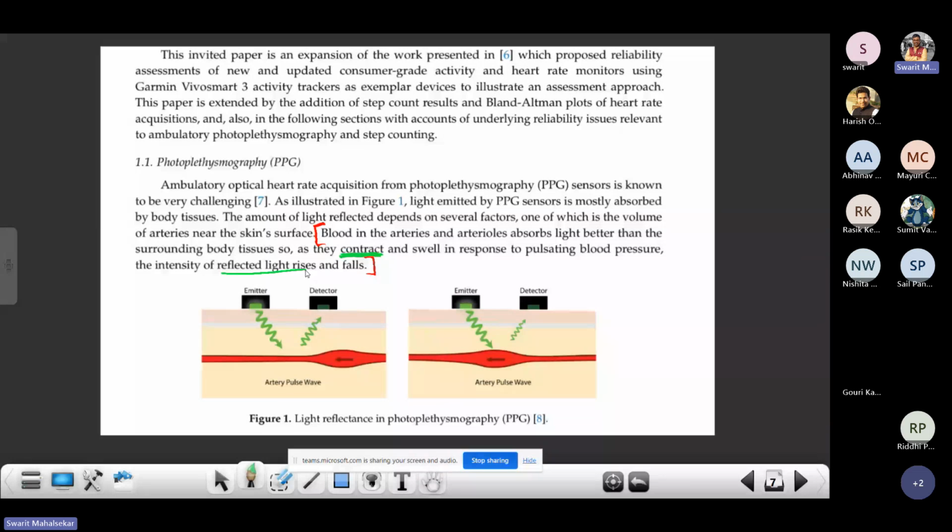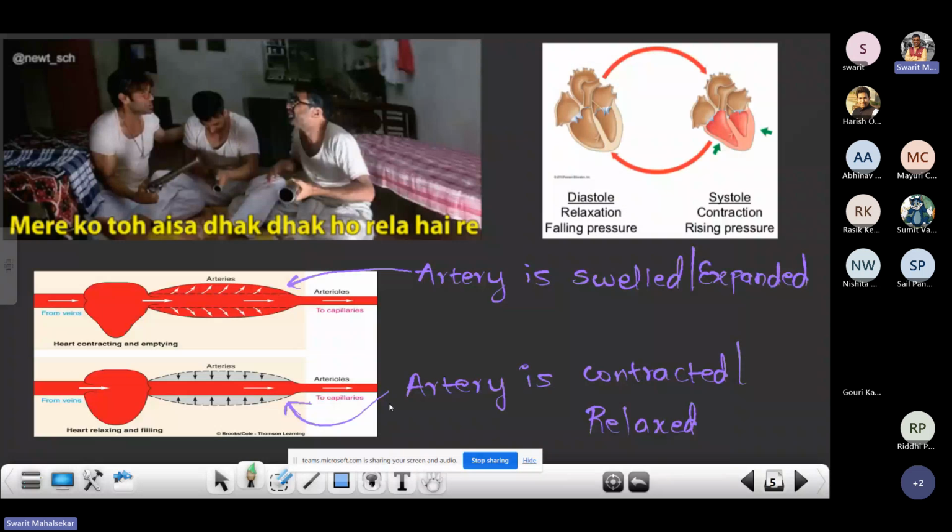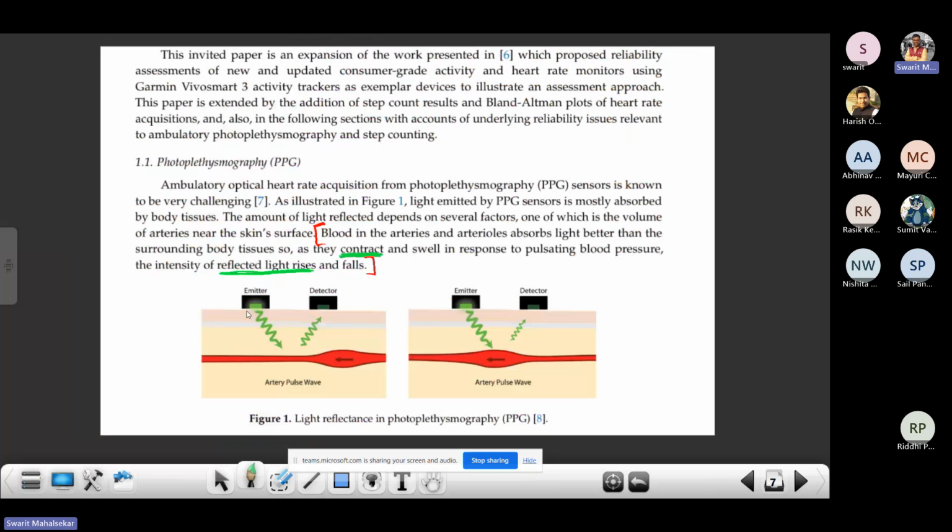That means we are talking about this particular condition as I had mentioned. Let me go back. Yes, you see this particular thing over here, my arteries are contracted. That means it is in relaxed position or it is contracted completely, right? So you see over here, when my arteries are contracted, majority of the light is reflected back to the detector, right? I hope you are getting this particular point.